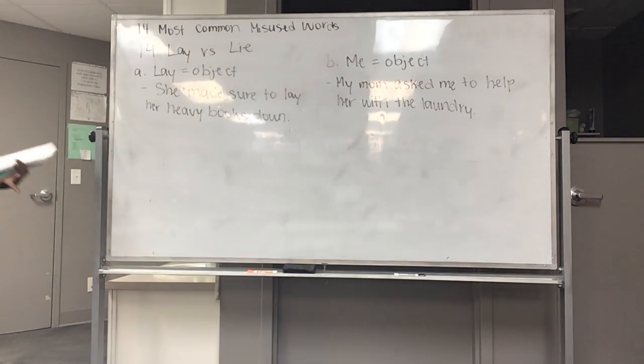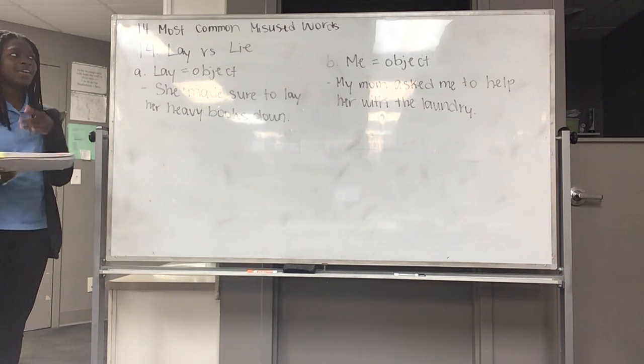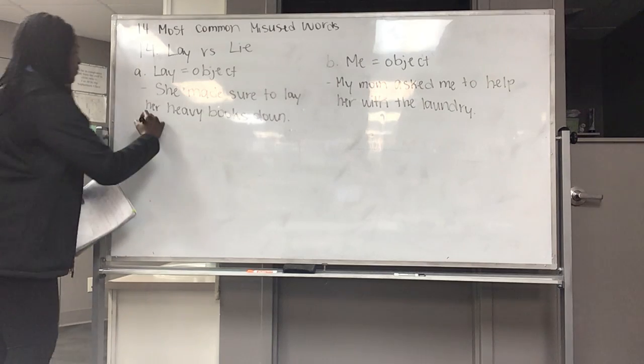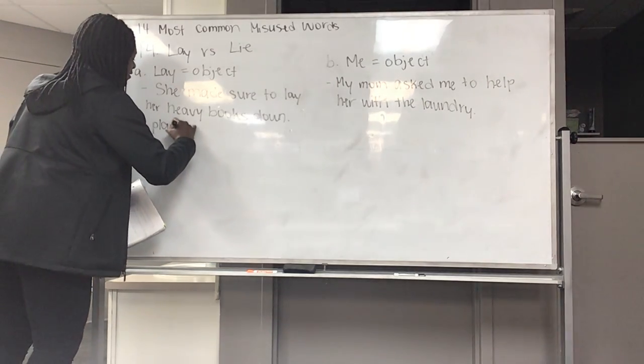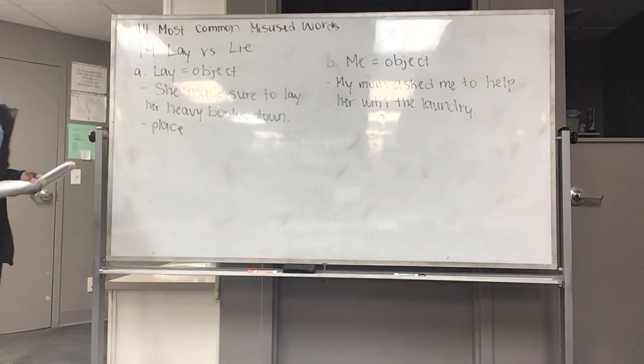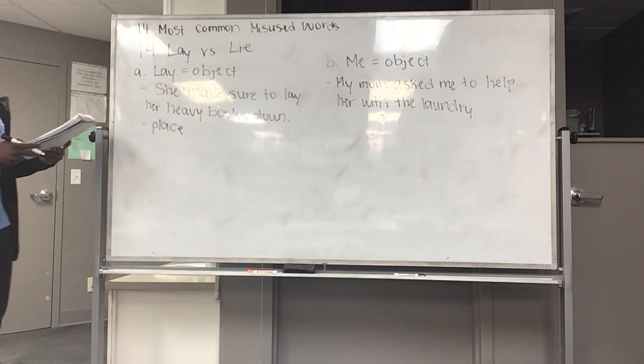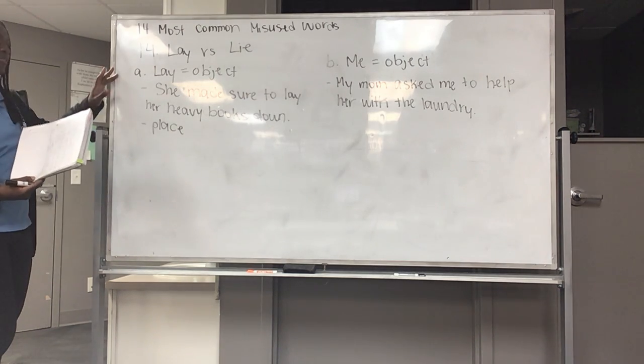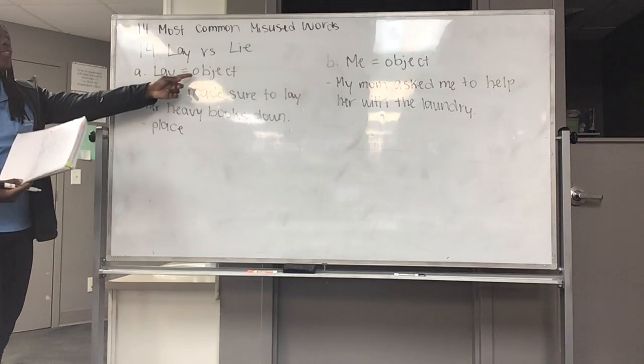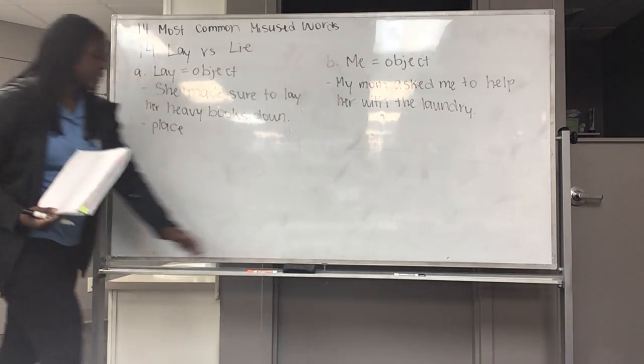So she made sure to lay her heavy books down. When we're talking about lay, you can think that the A in lay sounds like place. So we usually use lay when we're talking about placing something somewhere. She made sure to lay her books down. And then the object is the heavy books we're laying down.